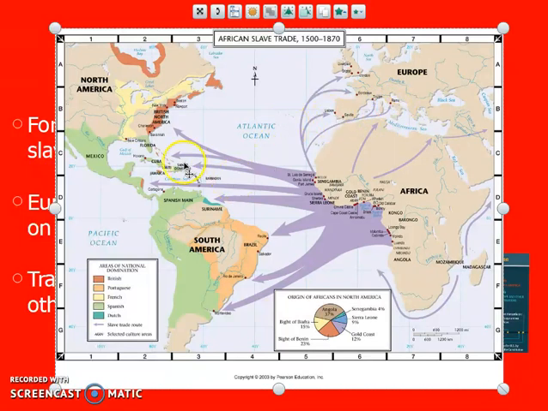But most of them are coming to the Caribbean, where either they are going to be working on plantations, or even more likely, they're sold off those ships to a slave trader who then would have brought them to the English colonies here, or into Mexico. So that was also happening.